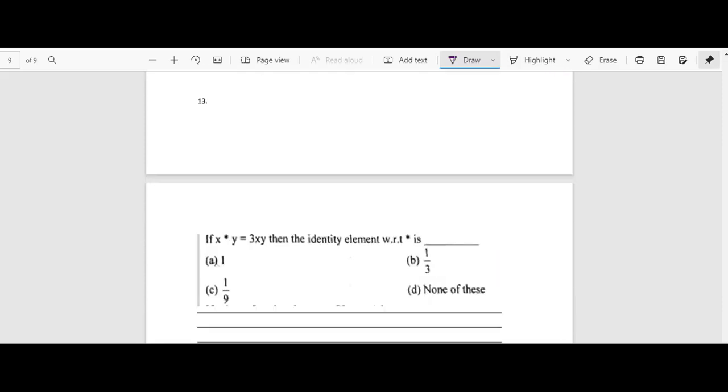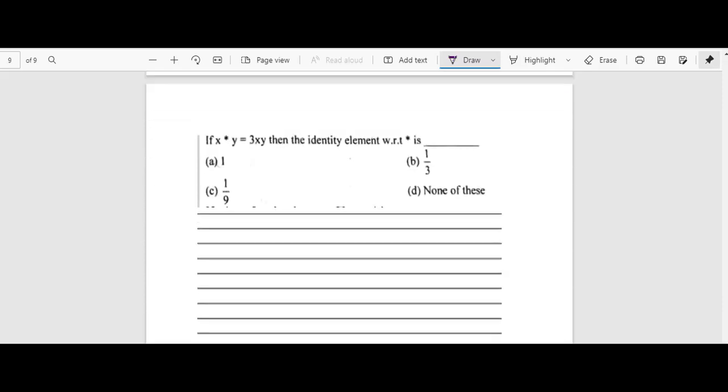Okay, now we have the 13th question, which says, if x star y is 3xy, then the identity element with respect to star is? Now this is my question. I need to find the identity element. Identity element is such that whenever I multiply x with the identity element, I get x directly.